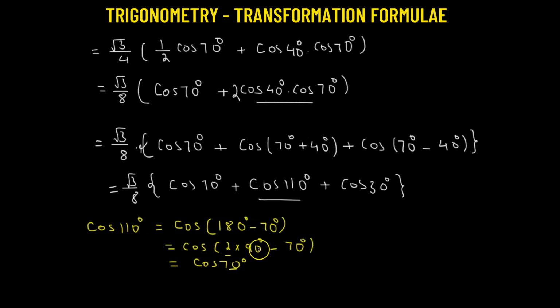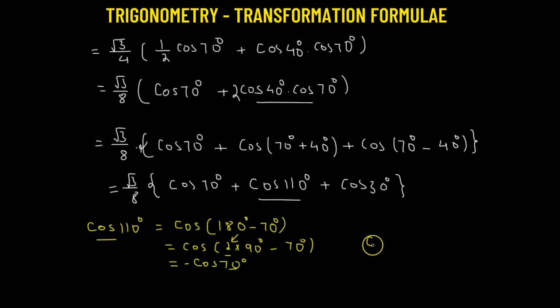That's the new angle. But we'll also have to take care of the sign. So 2 times 90 means we are in the second quadrant as indicated by this number 2. And we are subtracting 70 degrees, but 70 is an acute angle. So we're still going to lie in the second quadrant. And in the second quadrant, cosine function is negative. Only the sine and the cosecant are positive. So here, since we're working with the cosine function, we should get negative cosine 70 degrees.